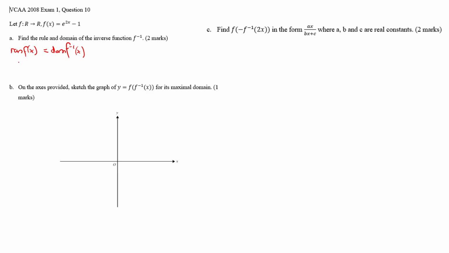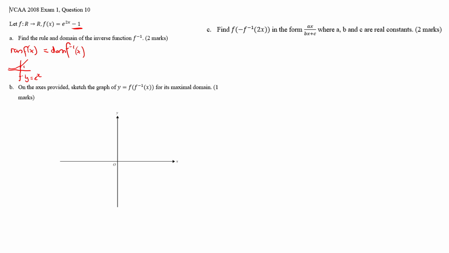So straight away, in a normal graph, we are just going to draw it. And if I say it's y equals e to the power of x, it means I've got an asymptote here at y equals 0, and it's passing through 1. Because of the -1 here, that is a vertical shift down, this is going to be pushed down, which means my asymptote is going to change to -1.